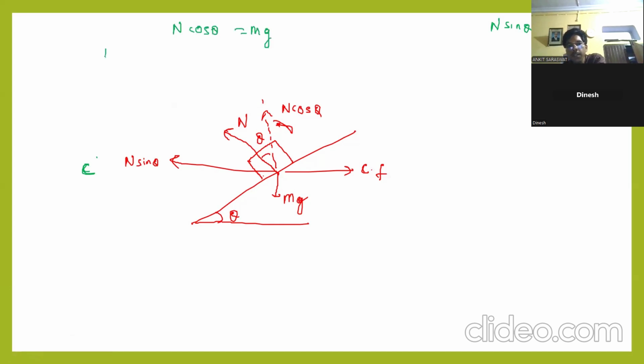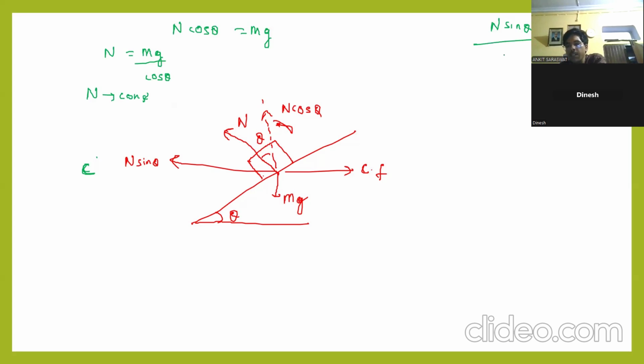The value of N is constant here, mg by cos theta. When you are doing banking, this theta has become constant. M is constant, g is constant, so N is constant. It means if I draw the data, for example, N sin theta versus centrifugal force mv square by r.